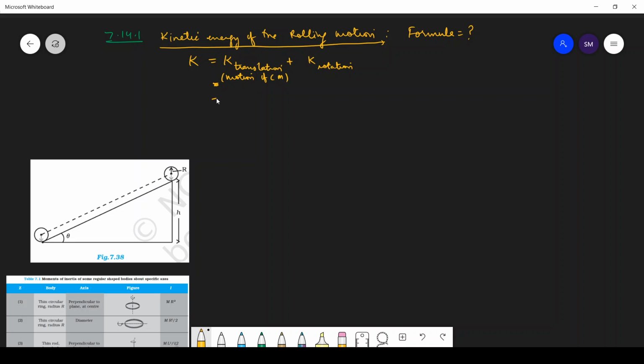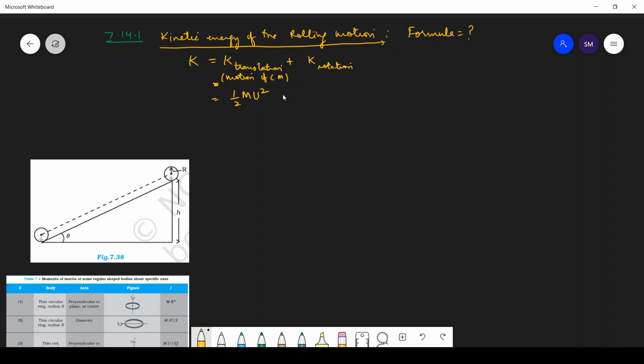So this kinetic energy of translation, we write it as half MV square. I told you with capital letters, so we are writing the magnitude, and you know that v dot v is v square.